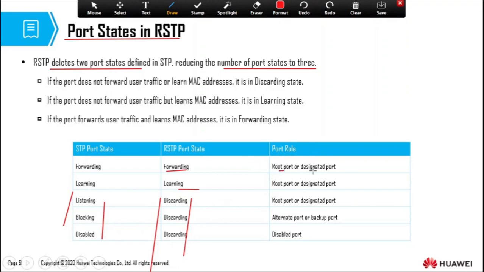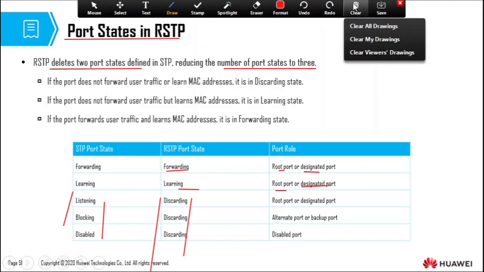Only root ports and designated ports can be in forwarding state, just like in STP. Only root port and designated port can be in learning state, just like in STP. Otherwise, all the other ports can be in discarding state.